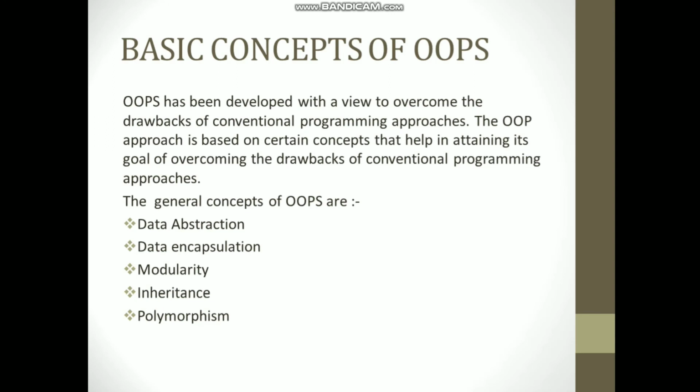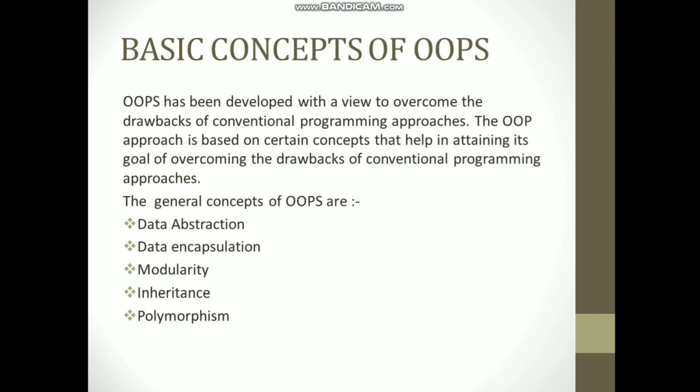What is data abstraction? Data abstraction is the act of representing the essential details without including the background details. Data encapsulation. It is the wrapping up of data members and member functions into a single unit called class. Modularity.